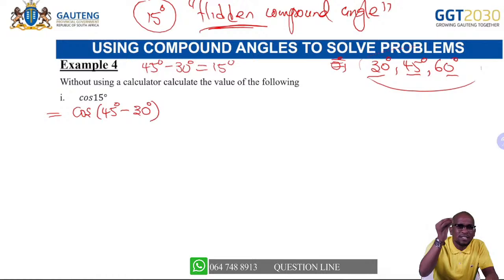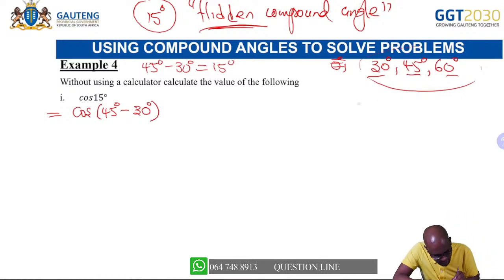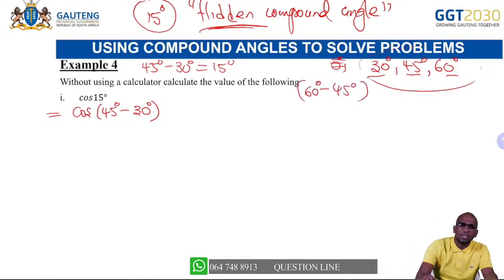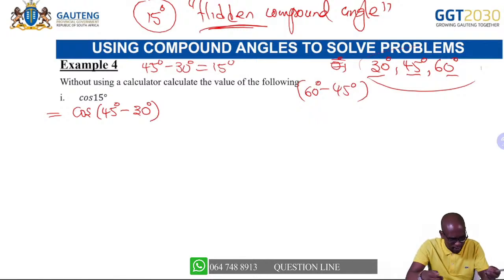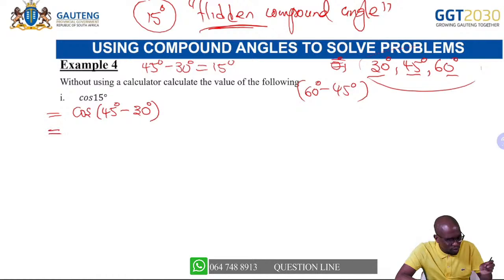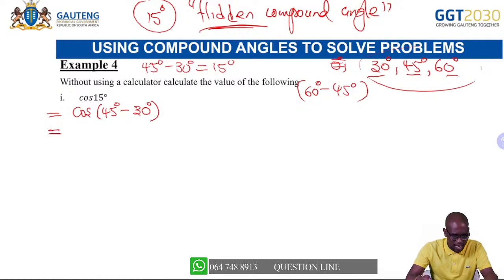So I've expressed 15 as a difference of two special angles. You can also express it as 60 degrees minus 45 degrees. This is also okay. It's true as well. It will work. But for the purpose of saving time, we will just use one of these.